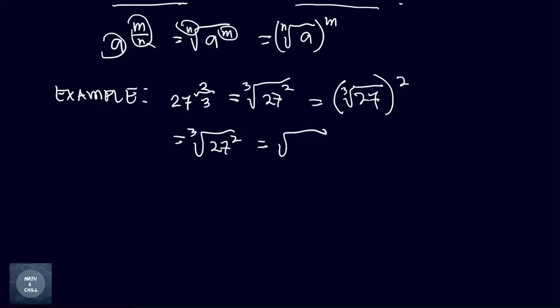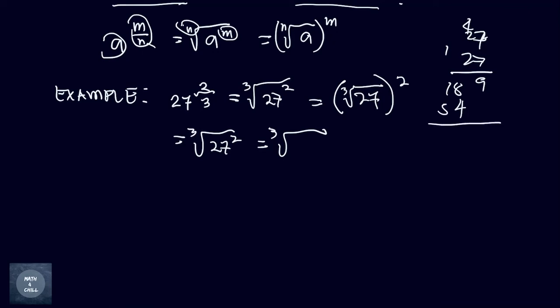The cube root of 27 raised to 2, 27 times 27, 9 times 7 is 49, 4, carry 1, 2 times 7, 14, 15.